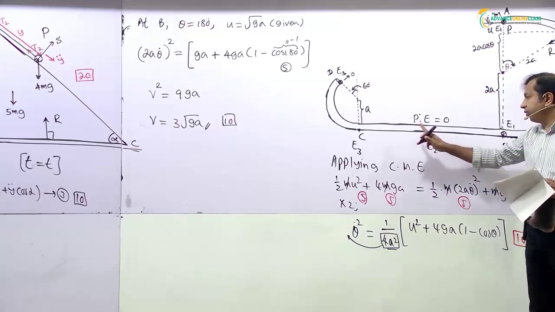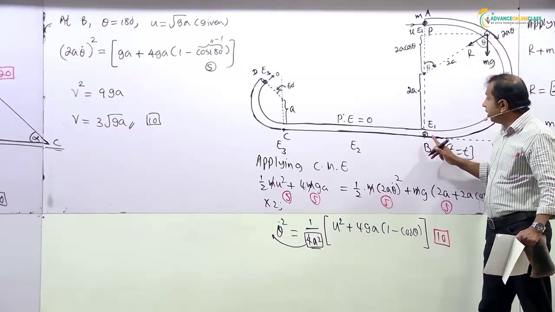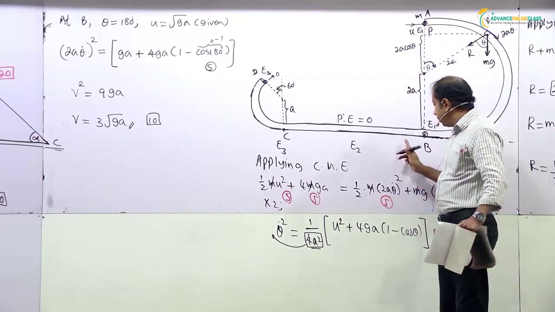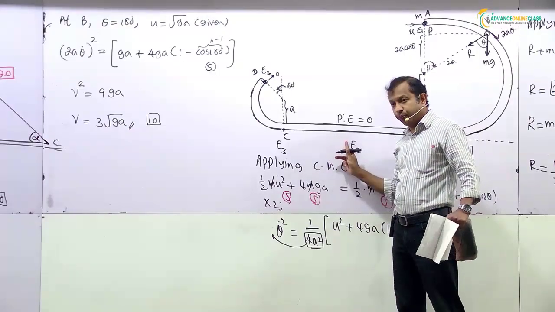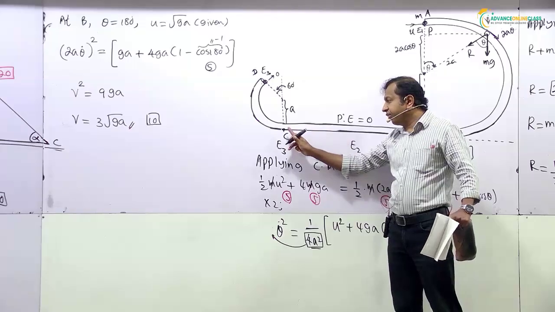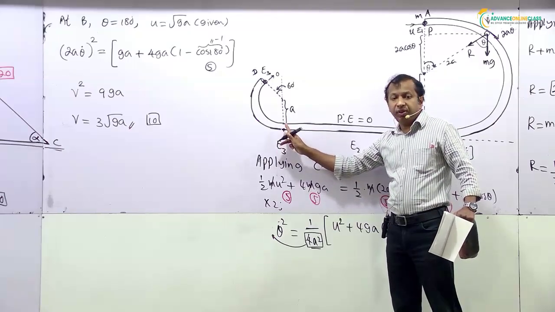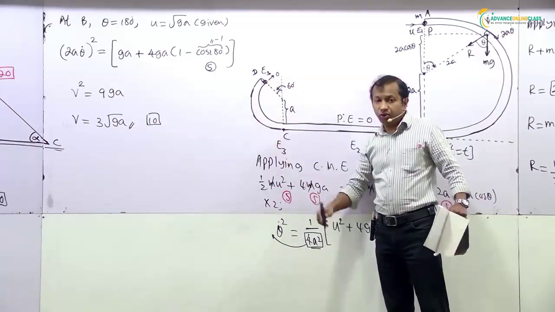The loss of energy BC, we can think like this, no? Here energy E1. For this loss of energy, I took as E2. Then once it comes here, suppose energy is E3. The same energy E3 it has here, because for this motion, no loss of energy.